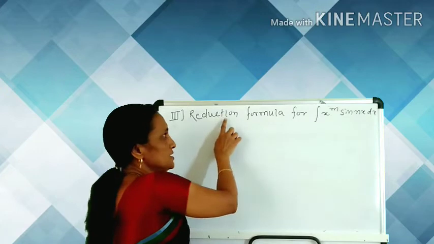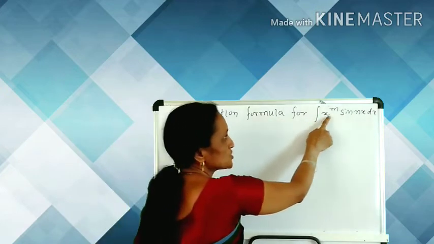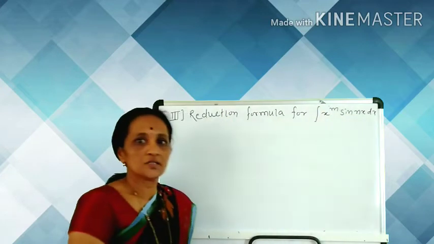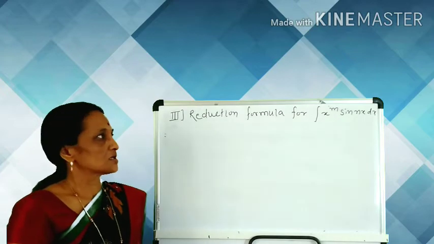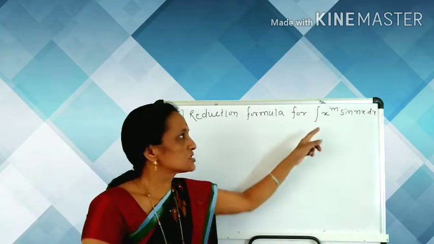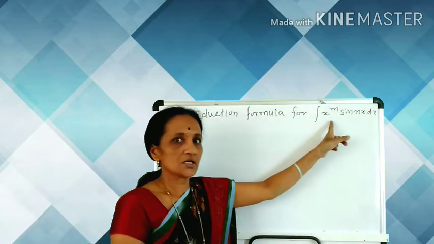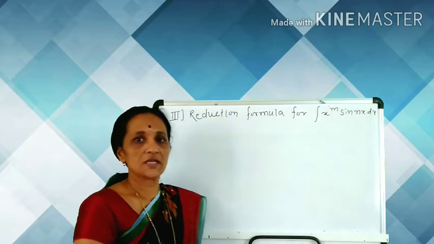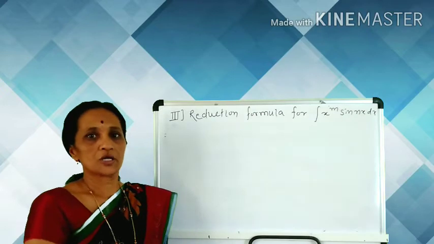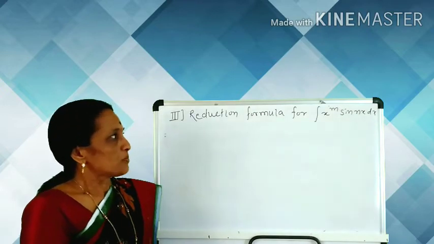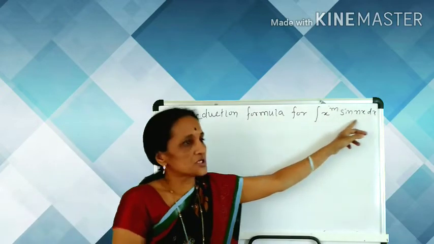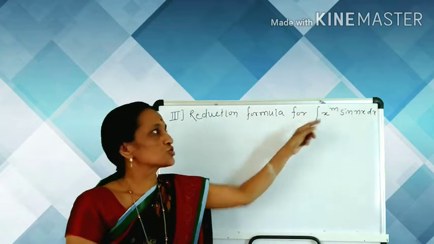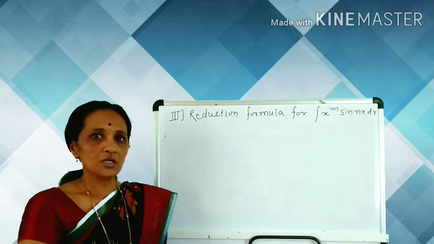Here in this case also we are given the product of two functions. Here x raised to the m is one function and another function is sin nx, means the trigonometric function. For finding the integration of such type of functions, we also use the by parts rule.